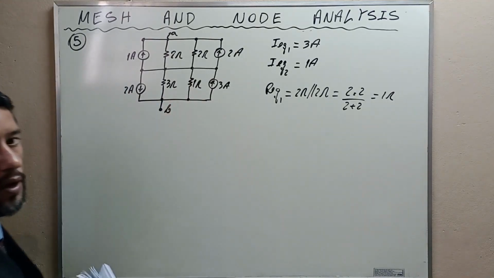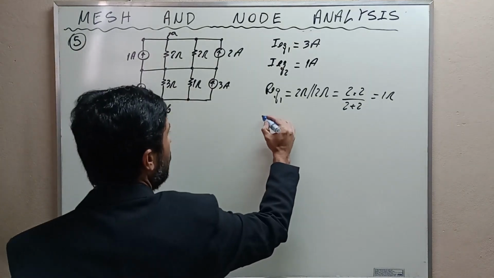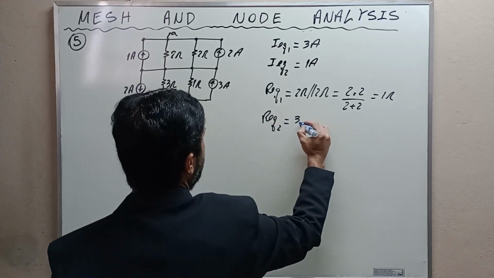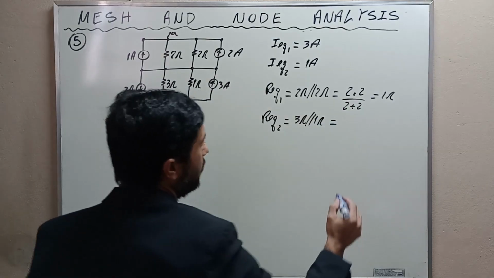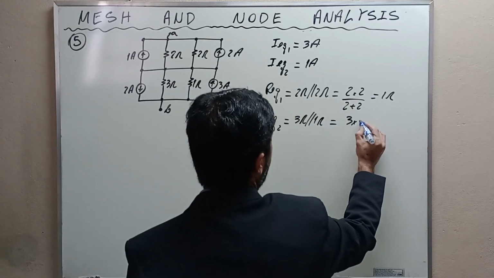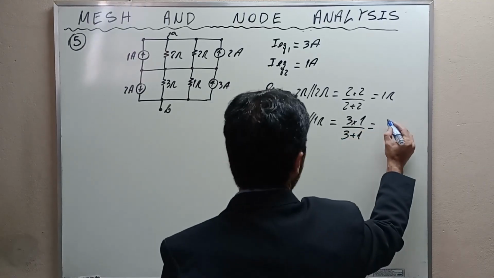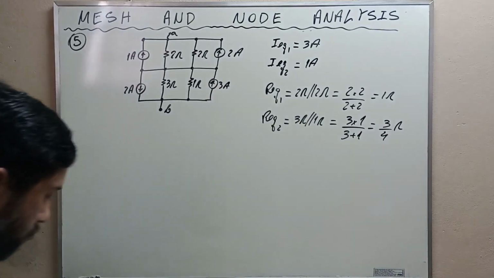Observe that they are in parallel, and resistances in parallel are calculated like this, which is equal to 3 ohms in parallel with 1 ohm, and this is equal to 3 times 1 divided by 3 plus 1, and this is equal to 3/4 of an ohm. Okay?